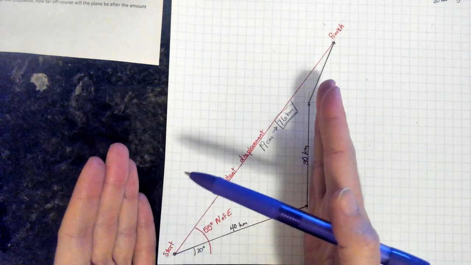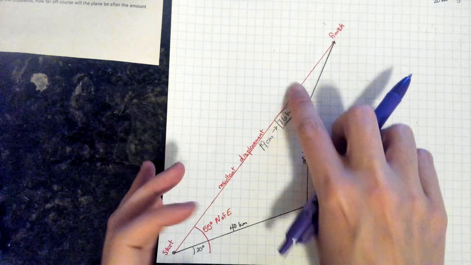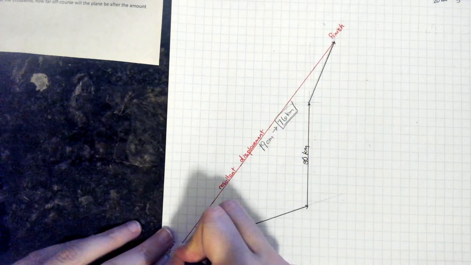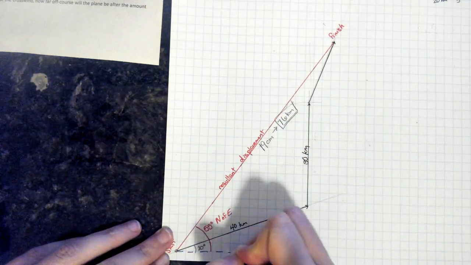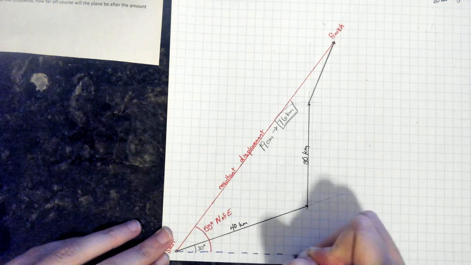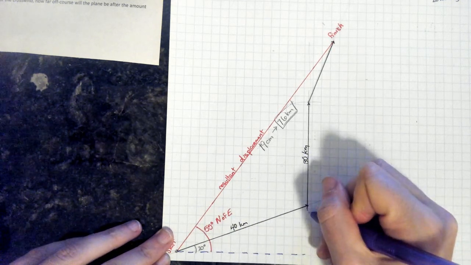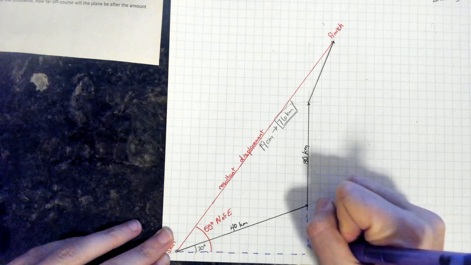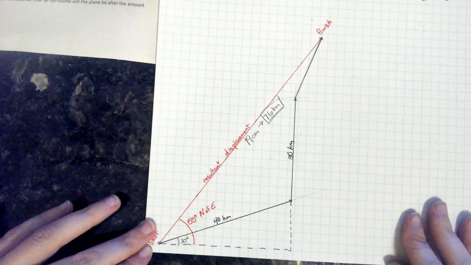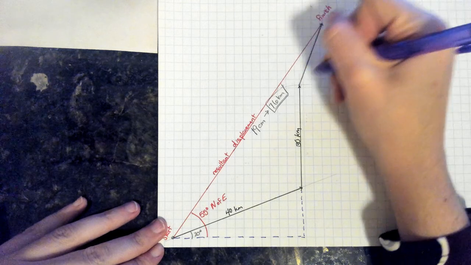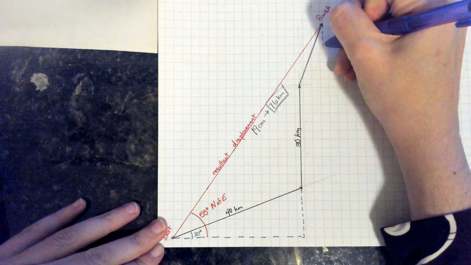It is only vertical. It's only in our north direction. But we do need to extend some lines horizontally for this one, this one, and for this one.